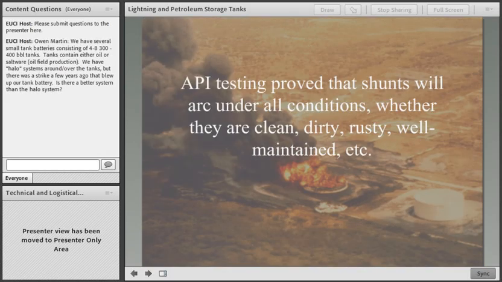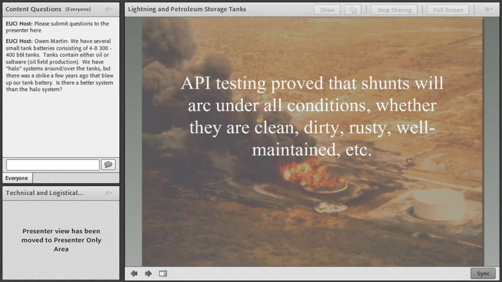When we formed API 545, the API spent over $250,000 to do some directed testing and research to test shunts in real-world lightning conditions. And these tests are described in API 545A.